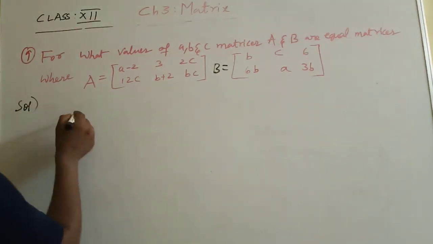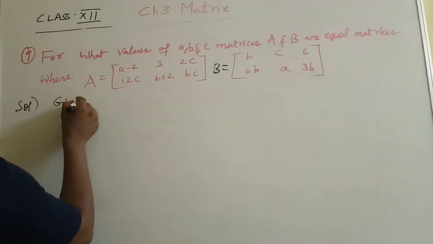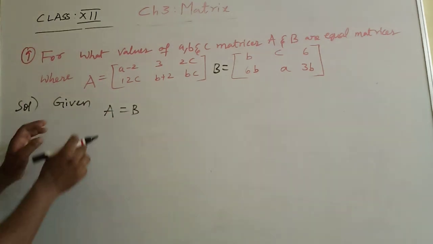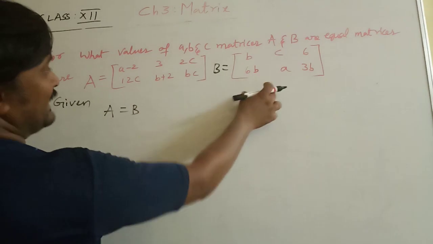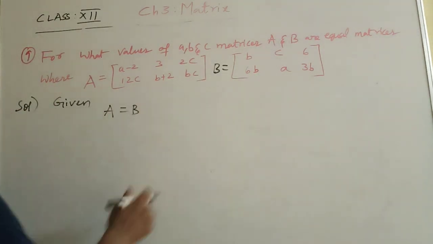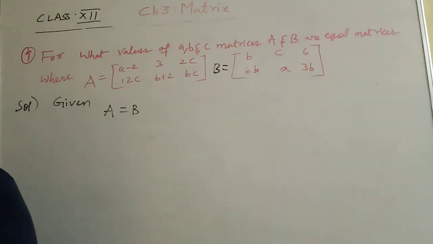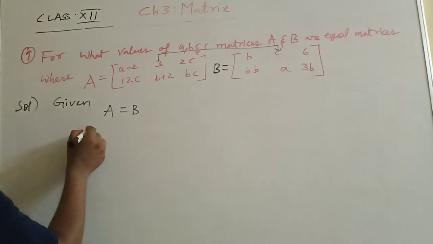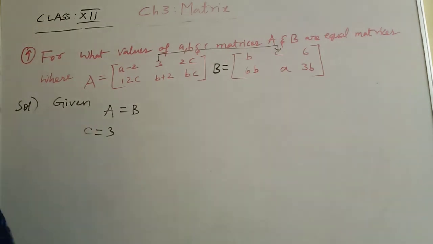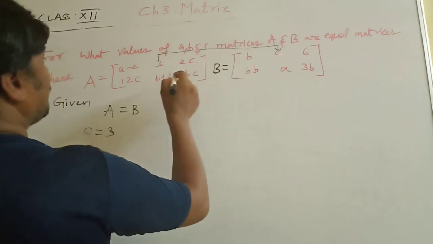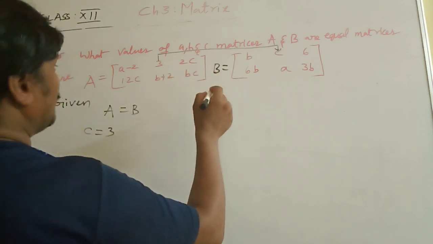So our solution. Given here A is equal to B. So I'm writing, you need to write again these two matrices separately, and then you have to compare. Okay, so I'm directly comparing here. So now first one here, when you compare second element with second, then C is equal to 3. And then A value and B value I want to find now.